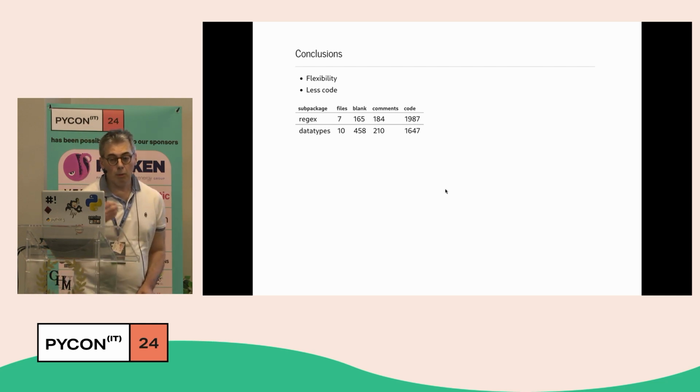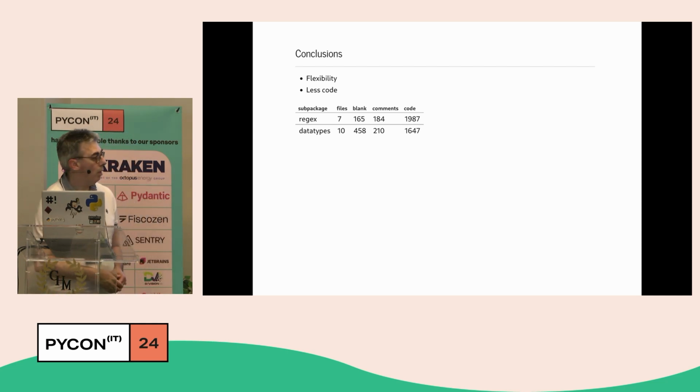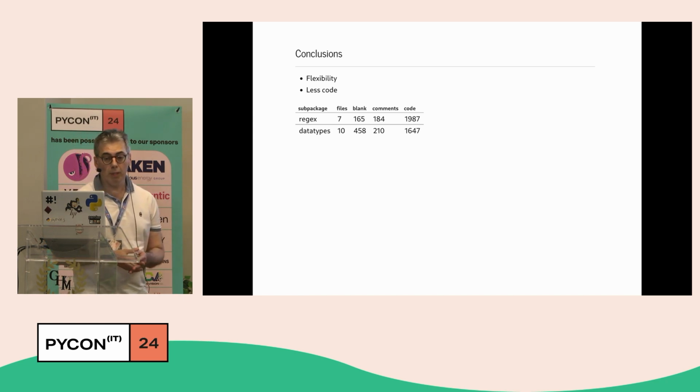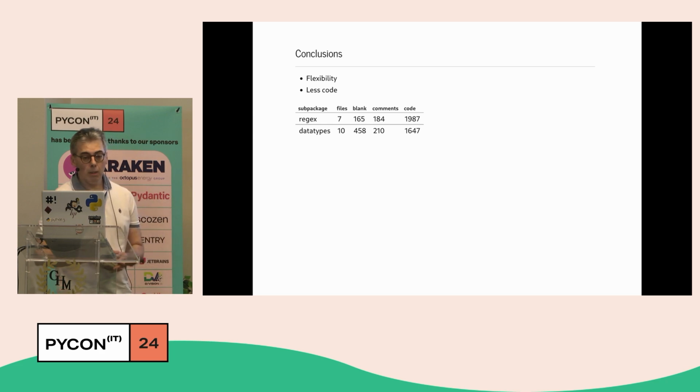Conclusion about that: if you have to implement a complicated hierarchy of custom types, abstract base classes can give you flexibility to override, and it is the only way to do that that I found.